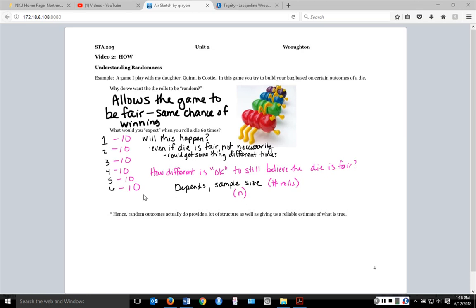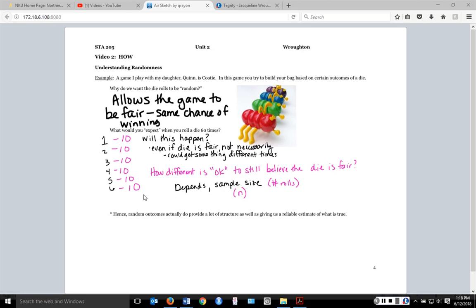So this may seem like a silly introduction, talking about just rolling a die in this game of Cootie to understand randomness. But it's an easy way to understand that the idea of random in our class is actually a good thing. I haven't written anything negative up here about this word random.